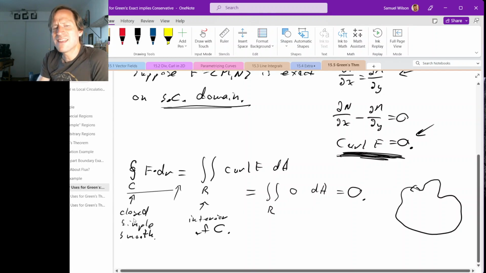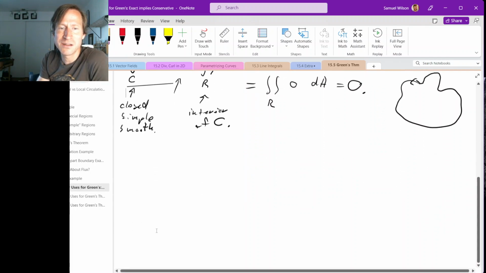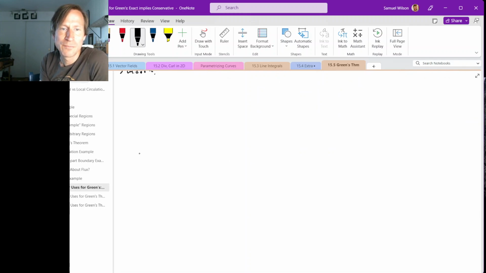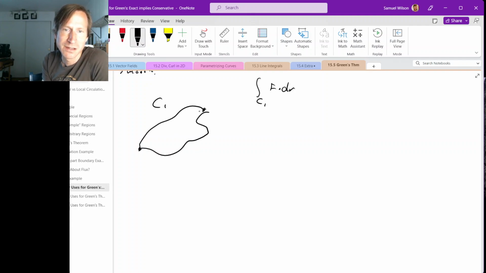So why does that tell us that line integrals have to be path independent, right? If we have a line integral over this curve C1 of f dot dr, what if we had a different path with the same endpoints, like this, maybe?